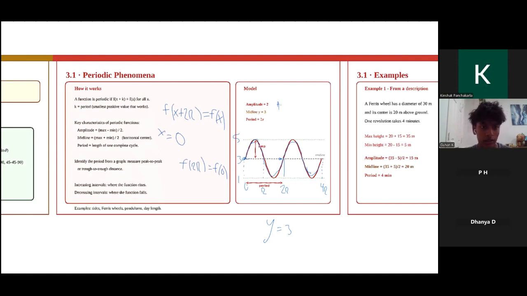The midline is the max plus the minimum over 2. So here, 5 plus 1 divided by 2 is 3. It's basically the average of the maximum and minimum because it's exactly in the middle. So the midline is at y equals 3 for this graph. And the period is the length of one complete cycle, which is 2 pi here.